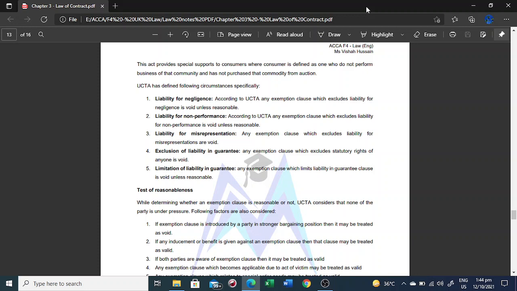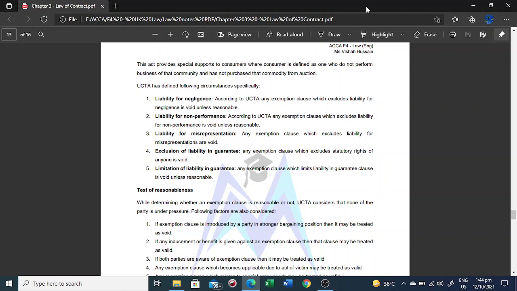Otherwise, if you are limiting the liability in guarantee, then that exemption clause is considered to be void. Now, what do we mean by limiting liability in guarantee? If you remember, we have studied that there were different kinds of companies: there's one that has limited liability, then there's one that is limited in liability by guarantee.